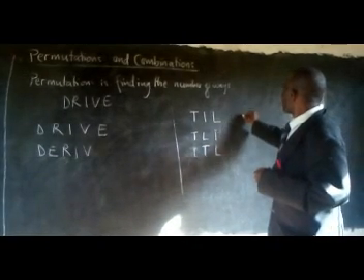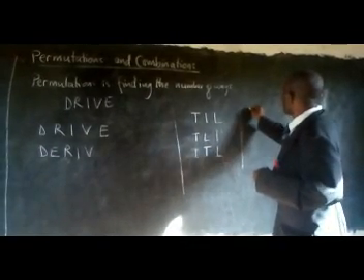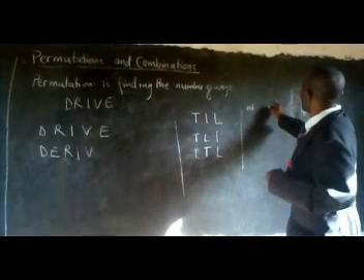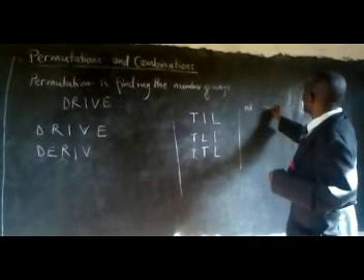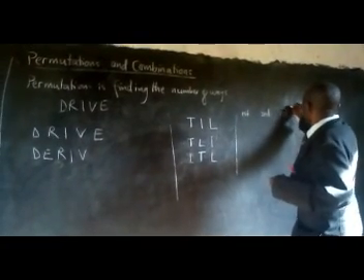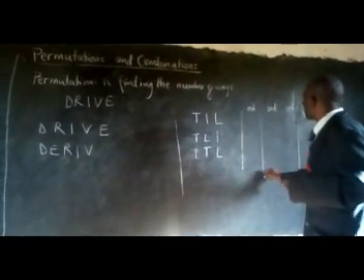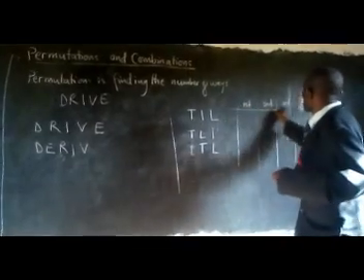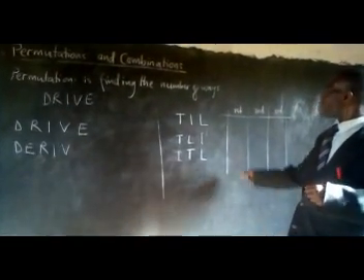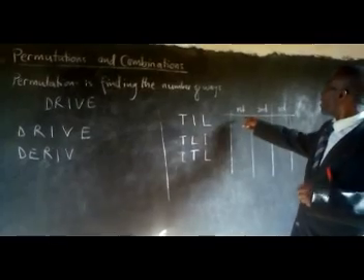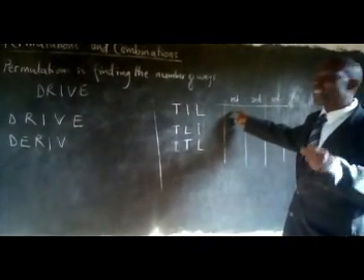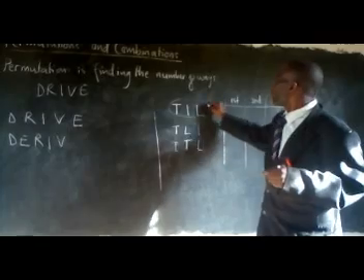Now, let us label the first place, second place, third place. Then here you will be able to understand where I'm going. For the first place, we have to choose a letter amongst these ones.